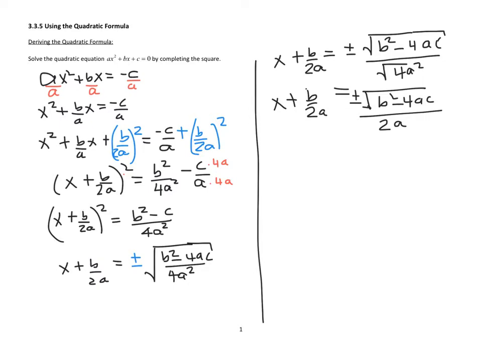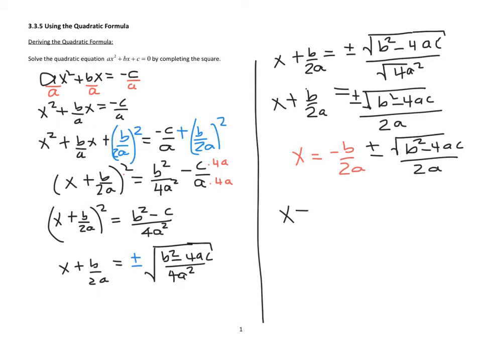And finally I can subtract b over 2a from both sides, so I get x is equal to minus b over 2a plus or minus the square root of b squared minus 4ac over 2a.